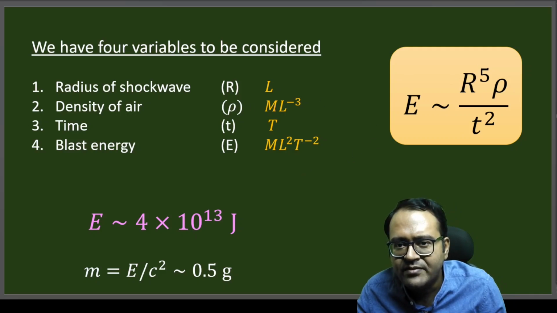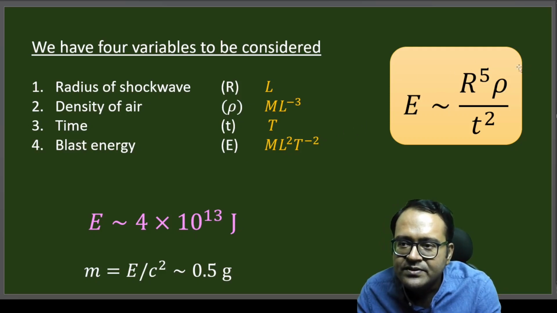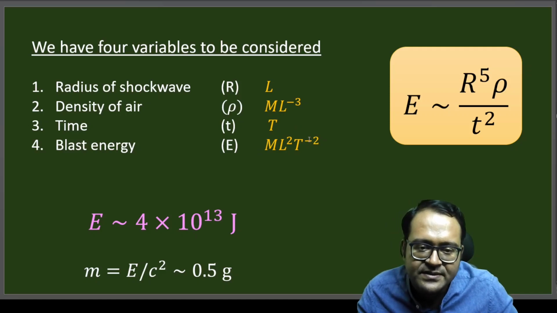And r to the power 5 rho by t square has dimension m L cube by t square, so m L minus 3 t minus 2 here. To get there, you multiply by L to the power 5. Otherwise, that L to the power 2 will not come. So then you have this relation using just simple dimensional analysis.